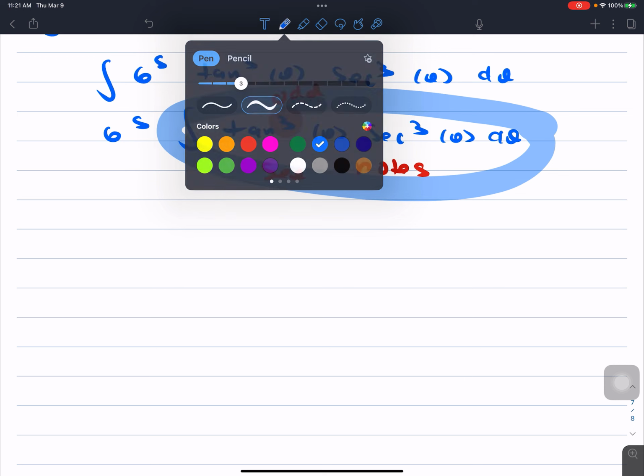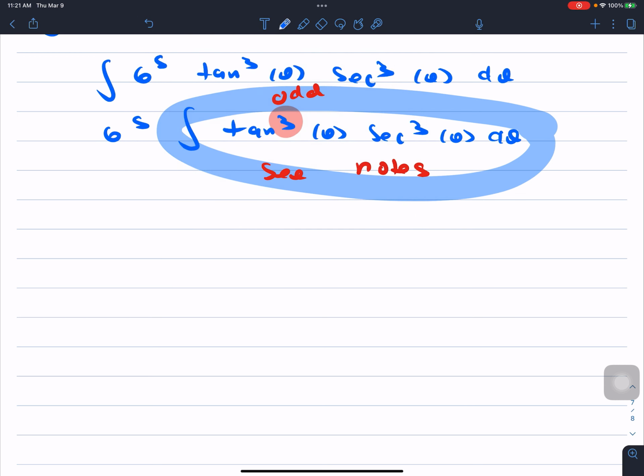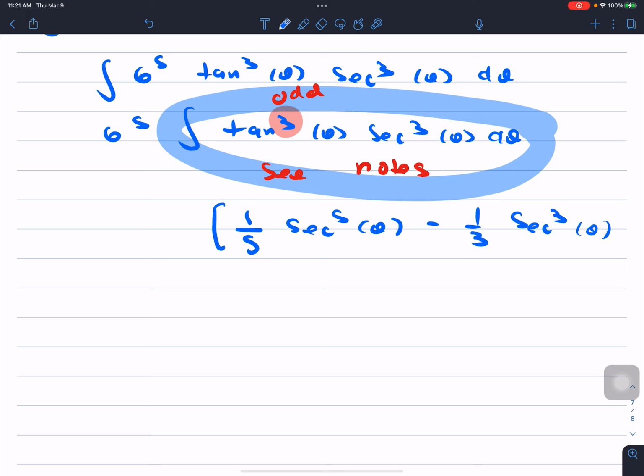You guys remember that one? What do we get here? Wasn't this 1/5 secant to the 5th theta minus 1/3 secant cubed theta? It's going to be plus c, but you had the constant 6 to the 5th, didn't you?